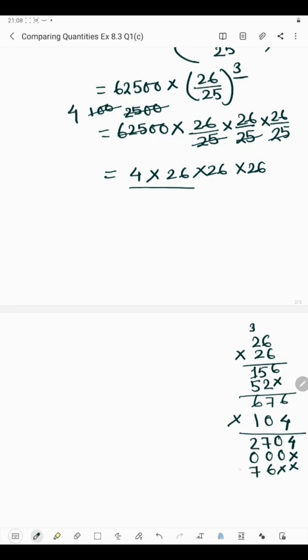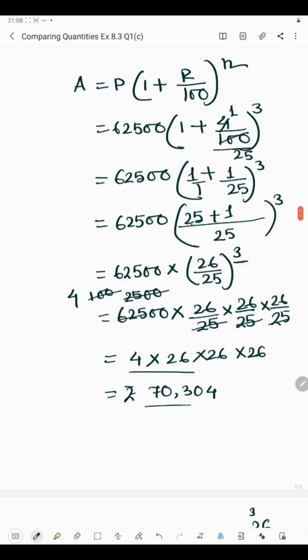So 4, 0 plus 0 is 0, 7 plus 6 is 13, 3 and 1 carry, 7 plus 2 is 9, 9 plus 1 is 10, 0 and 1 carry, 6 plus 1 is 7. So it's rupees 70,304.